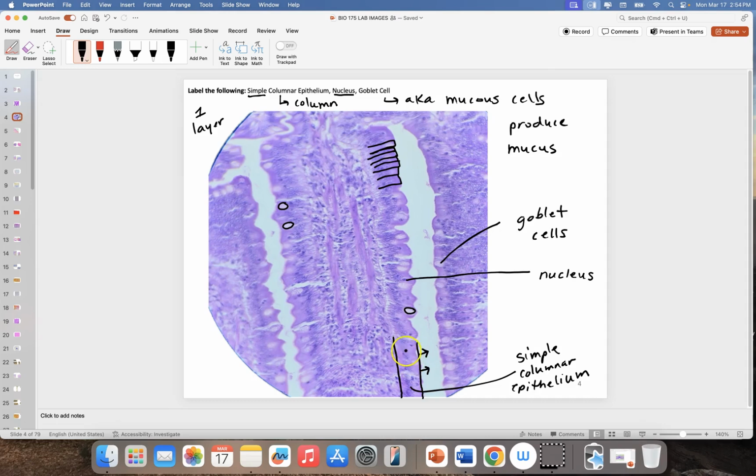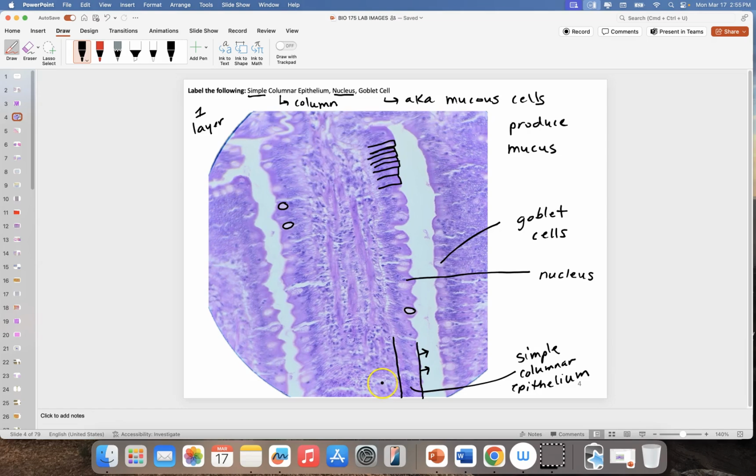And where the epithelial tissue and connective tissue join, this is going to be the basal surface. So we use the term basal lamina sometimes because that's the attachment site for the epithelial tissue in order for it to attach to underlying connective tissues.